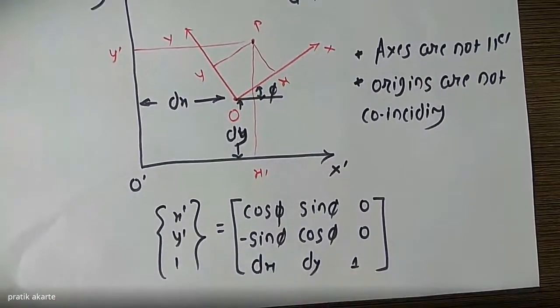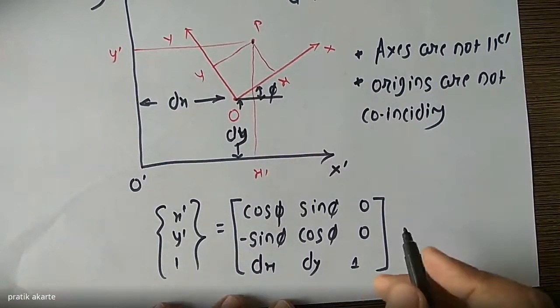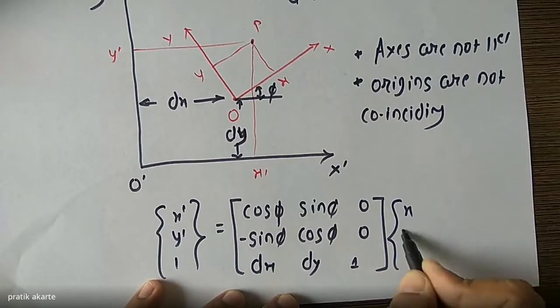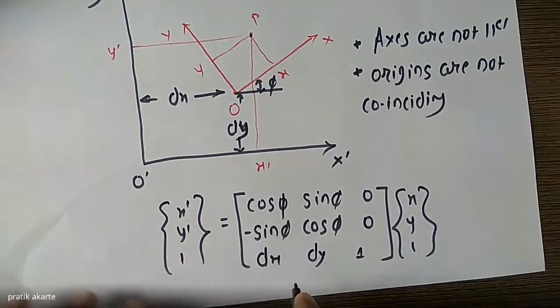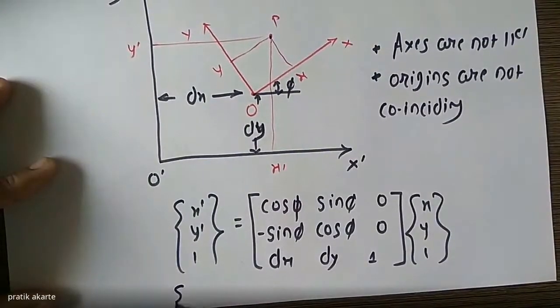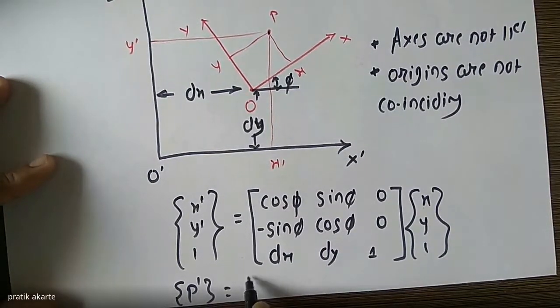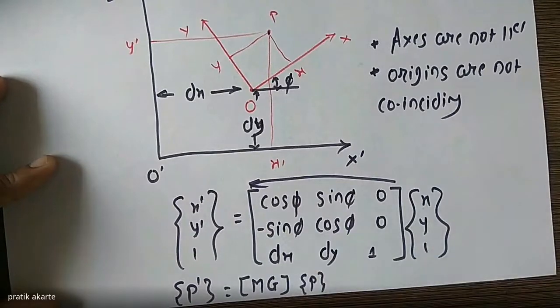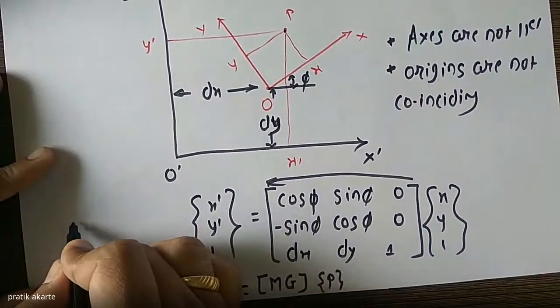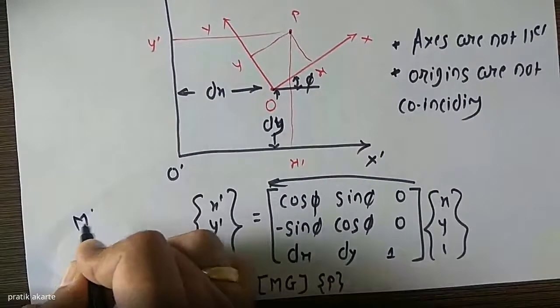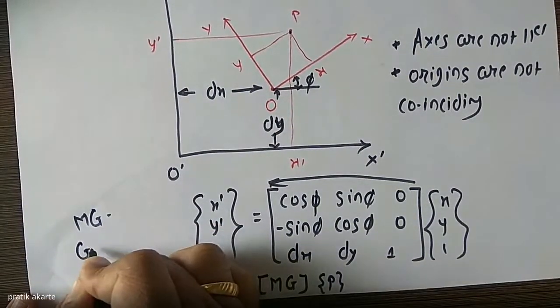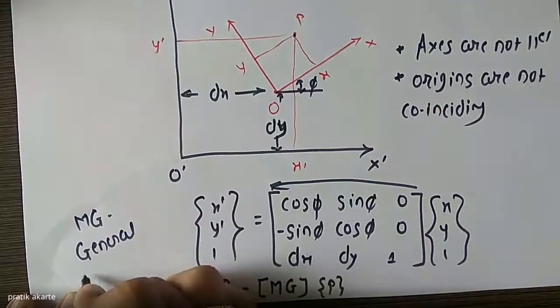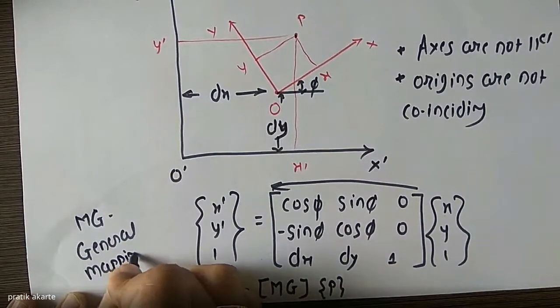Okay, so this is your equation for general mapping. So it is your P dash in the new coordinate system. This is your MG, and this is your P. Actually, it should be before this, x y. Okay, so what is MG? MG is your general mapping matrix.